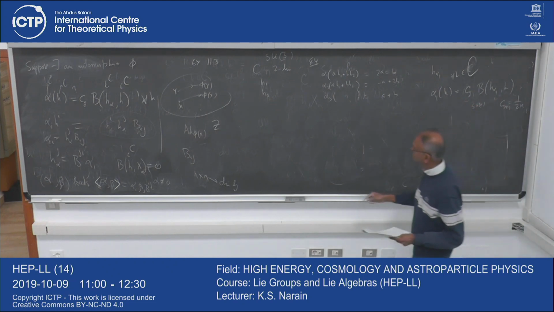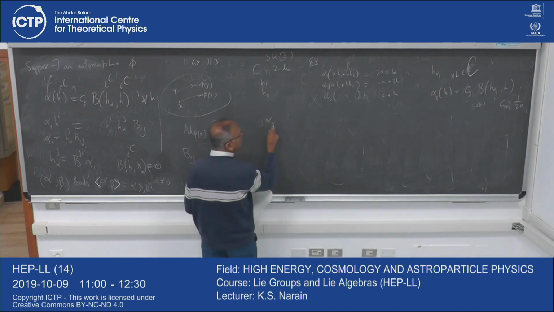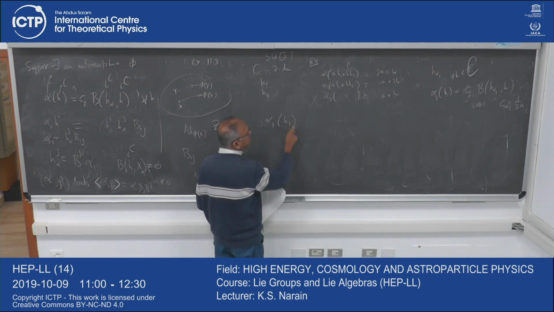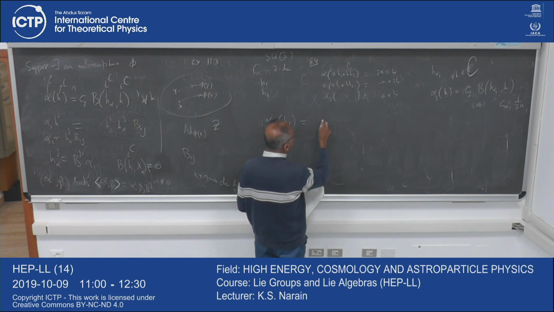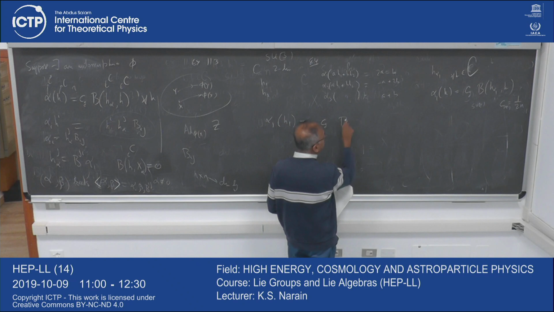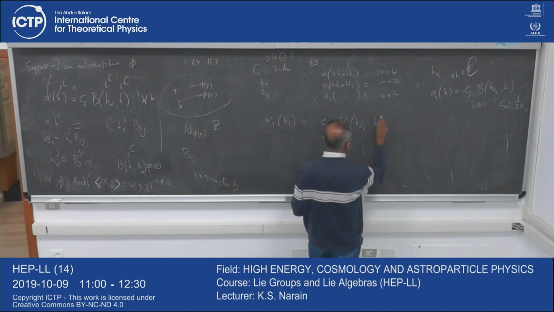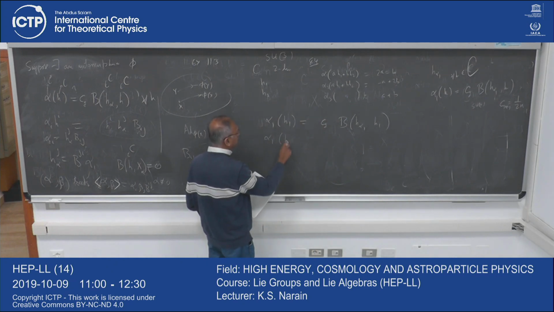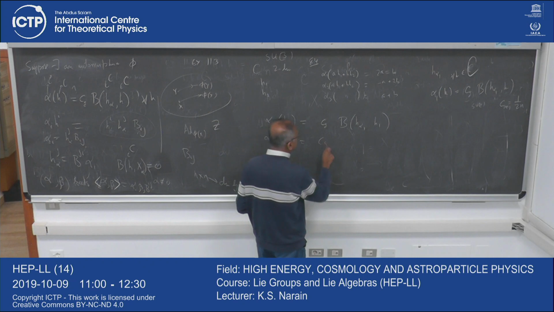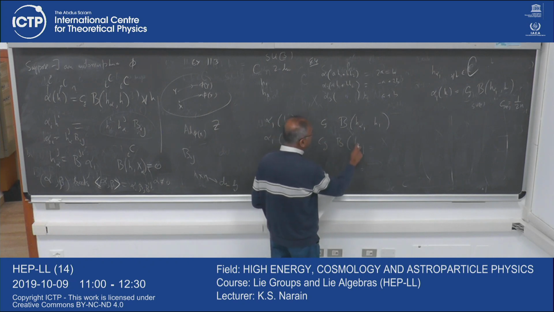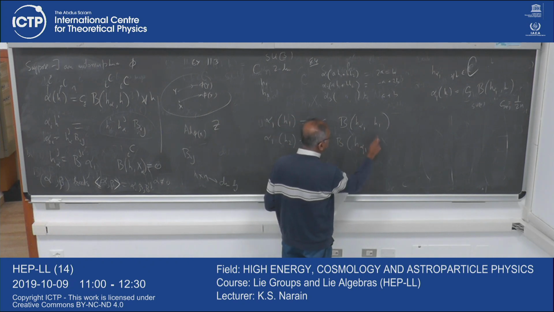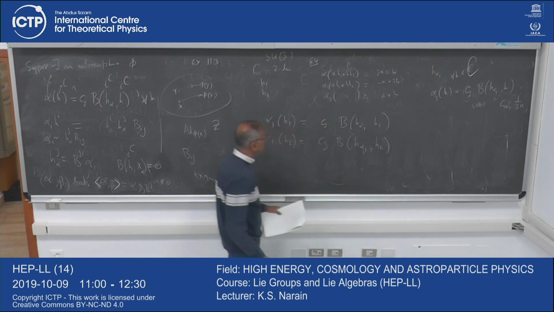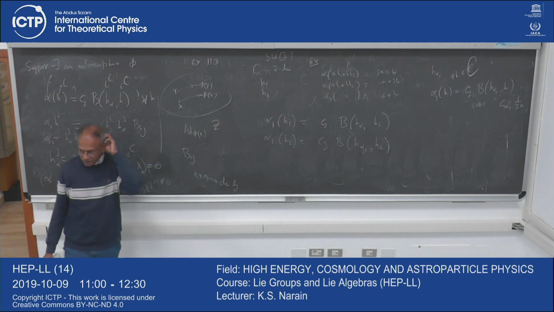So we have two equations: alpha 1 of H1 equals Cg times B of H alpha 1 and H1, and alpha 1 of H2 equals Cg times B of H alpha 1 and H2. These two equations should fix H alpha 1.